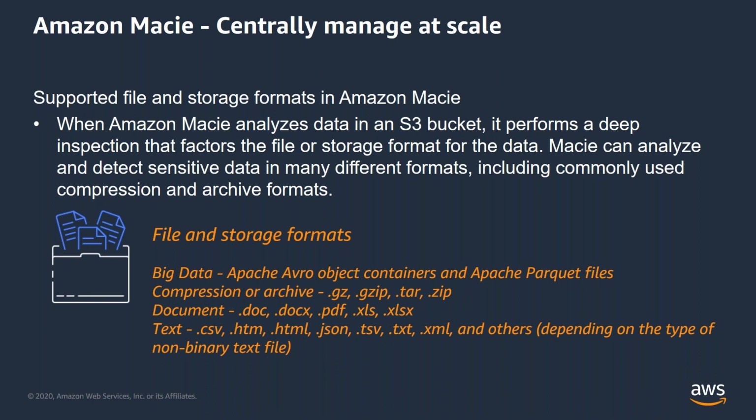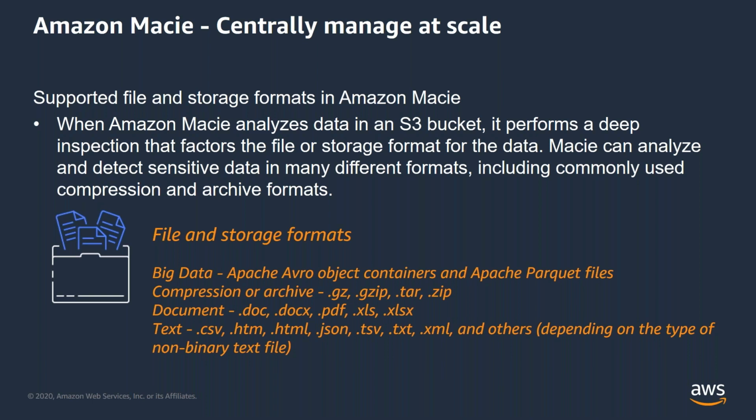These range in the category of big data, so things like Avro and Parquet files, commonly used in AWS data stores, compression or archive files, commonly stored in S3 buckets, documents and text files, which are very common in AWS data stores as well. So this gives customers the ability to select those data stores, and Macie will then go ahead and start inspecting these file types.